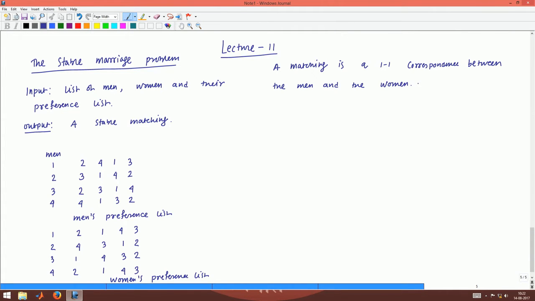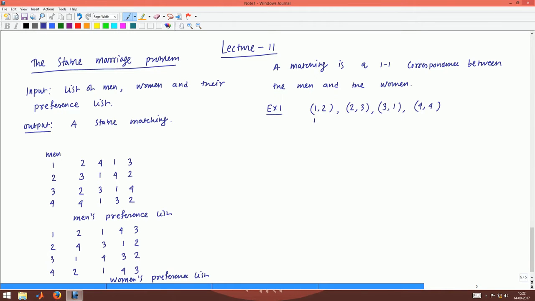So, for example, 1 2, 2 3, 3 1, 4 4. So, this is the man-woman pair.